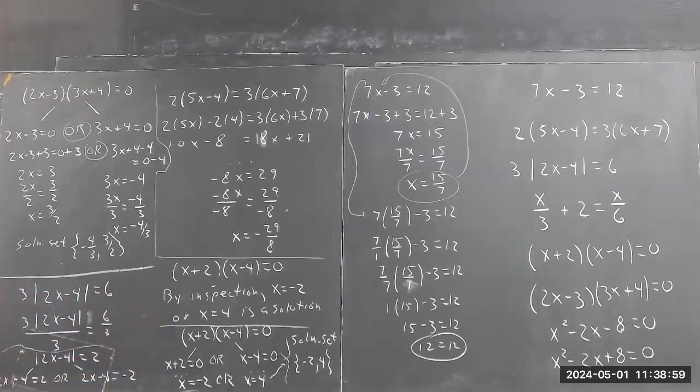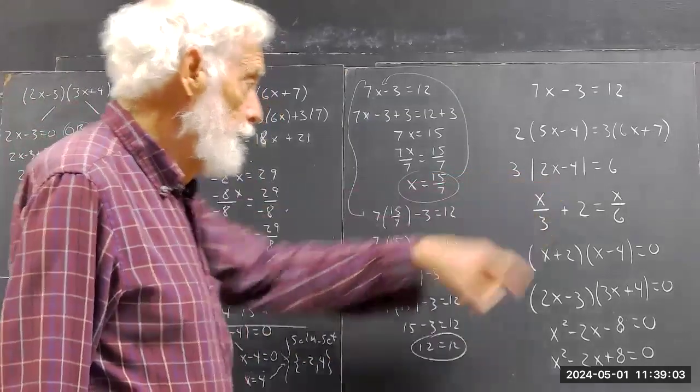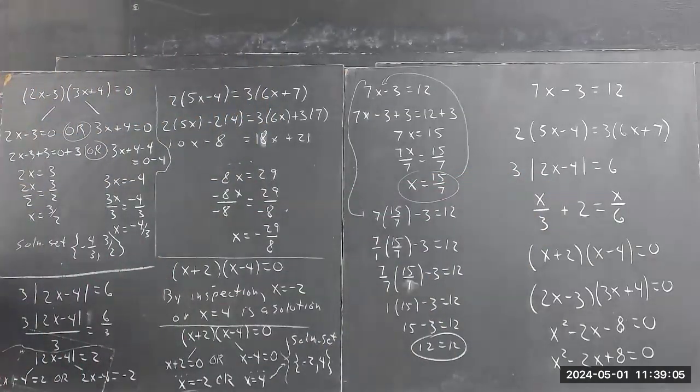Now I changed this equation a little bit. I put a 3 in front of this just to make this as general as possible. So what I did was I divided both sides by 3, because if I've got the 3 out there, what we're doing won't work.